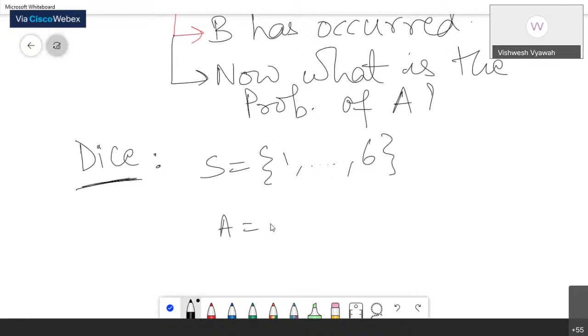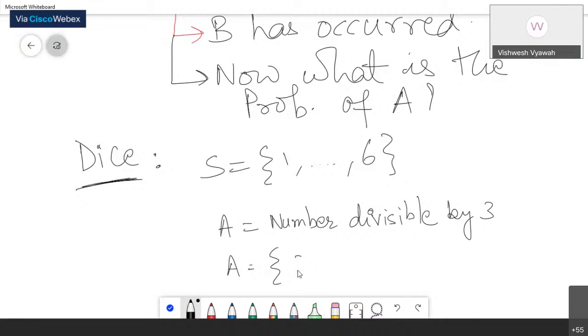Let's define it as: you throw the dice and the number appearing is divisible by 3. What outcomes will A have? A will naturally have 3 and 6, because these are the numbers that are divisible by 3.